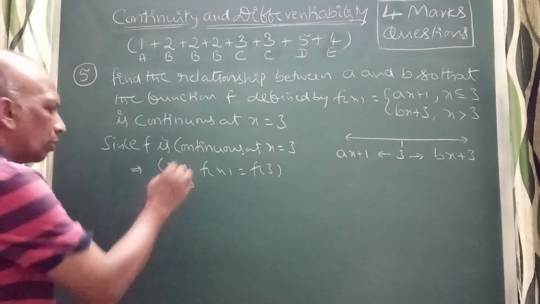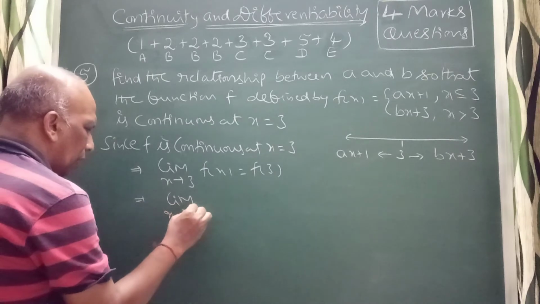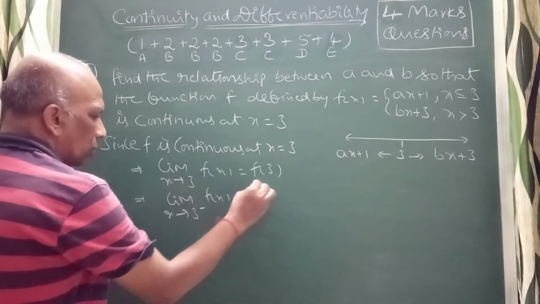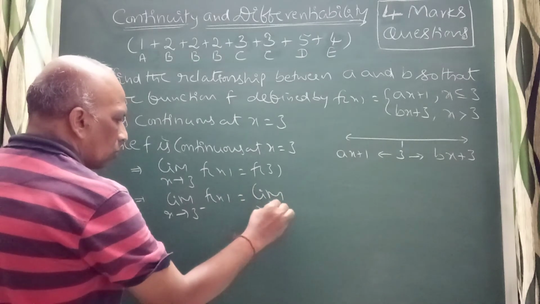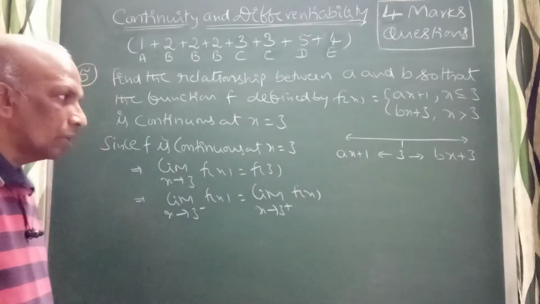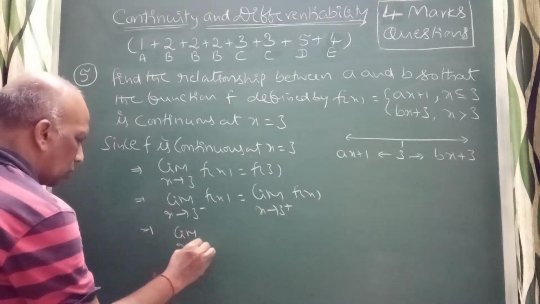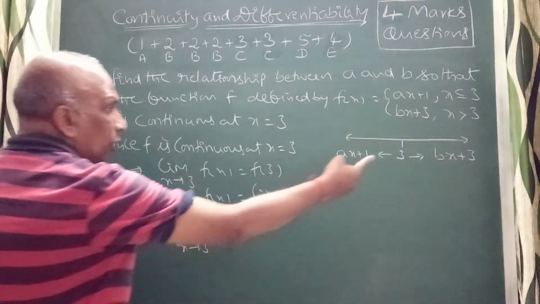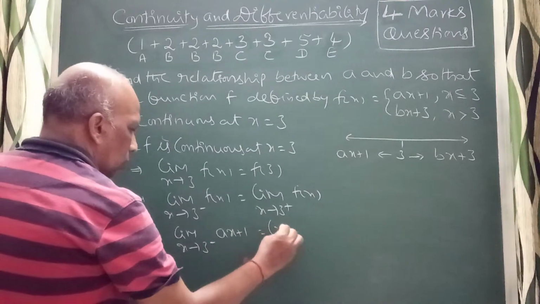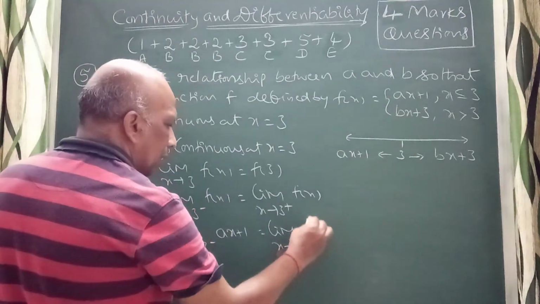Now, from this I can write, since the limit exists, left limit equal to right limit. These two are equal. Then I can write limit x tends to 3 minus, left of 3, ax plus 1, equal to limit x tends to 3 plus, right of 3, bx plus 3.